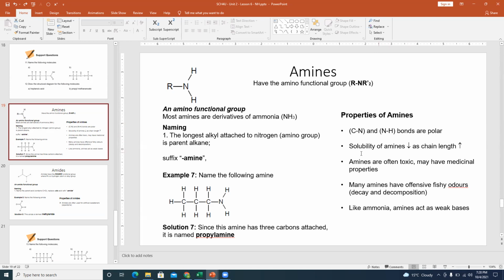But of course, as you increase the length of the hydrocarbon chain, this oily part, I should say, is not very water soluble. This part is quite hydrophobic. As this end gets longer, the solubility of the amine will go down, because then you're getting a longer hydrophobic, not water liking, water hating tail.